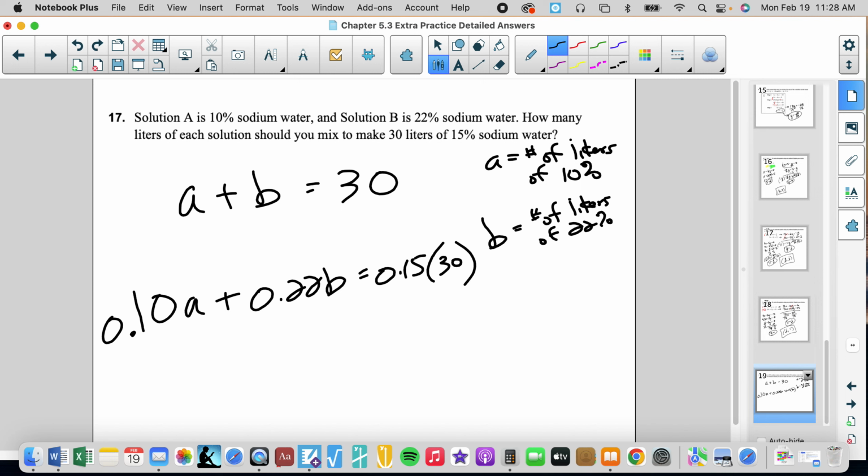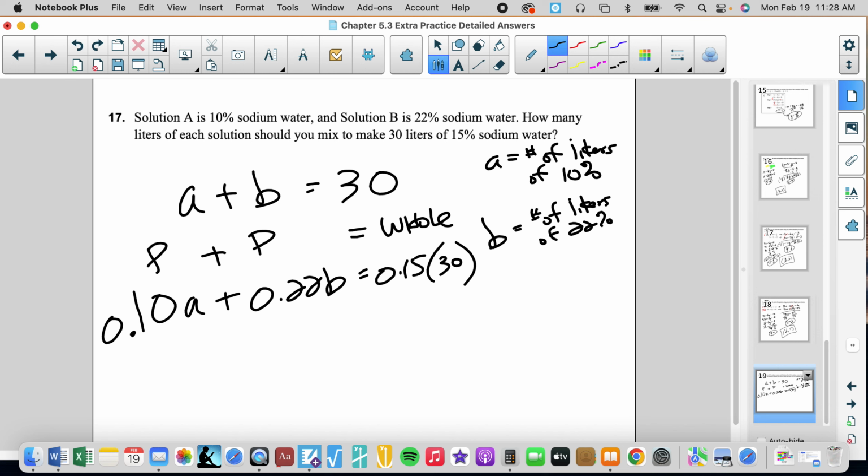That's how we do it. It is the percentage times the amount plus the percentage times the amount should equal the total percentage times the amount. This is the part plus the part should equal the whole. And each part is a percentage times its liquid.